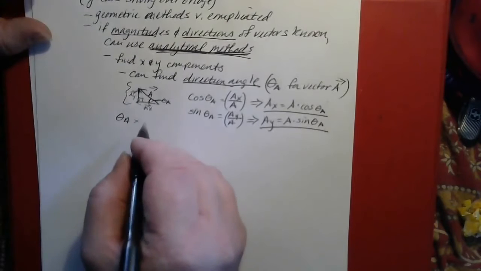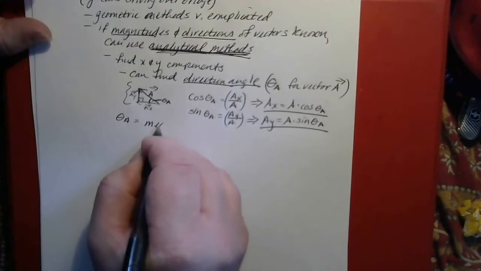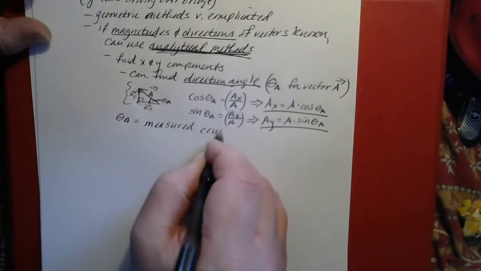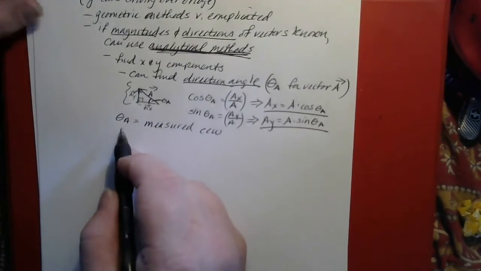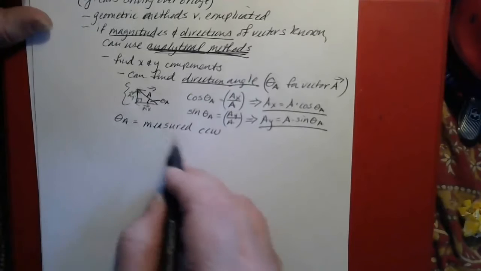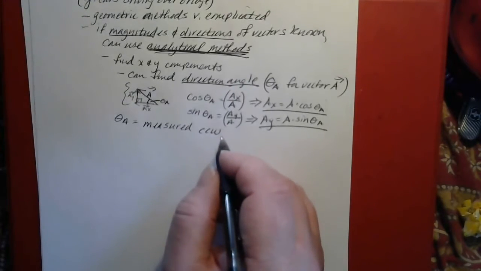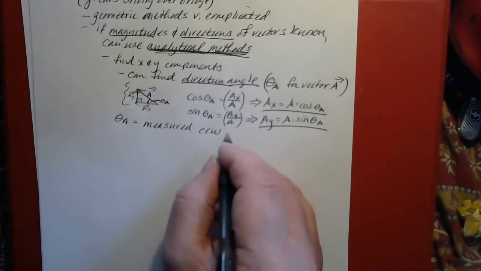That theta A, again, is the angle that the vector makes with the x-axis, measured counterclockwise from the positive x-axis to the vector.